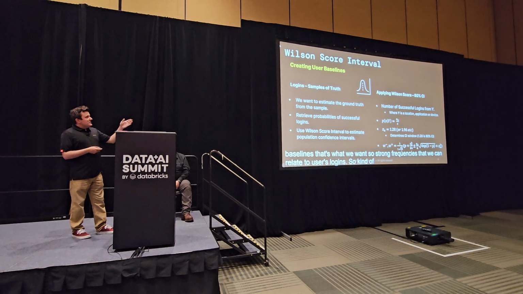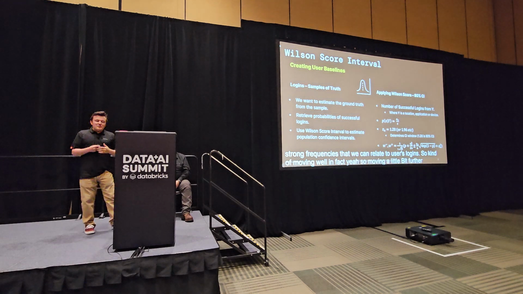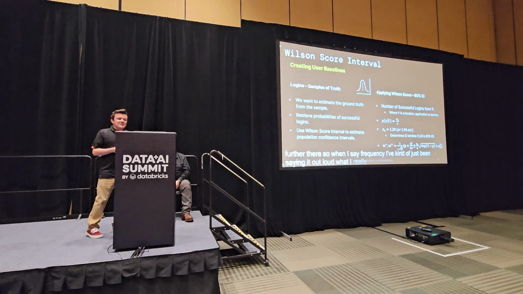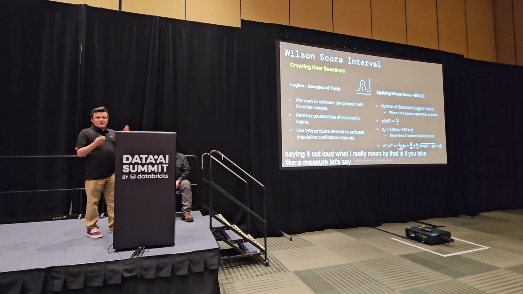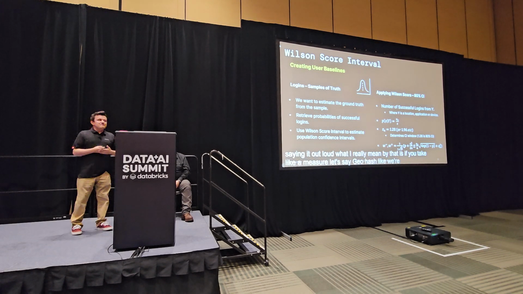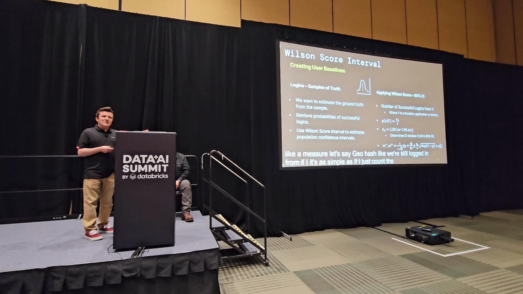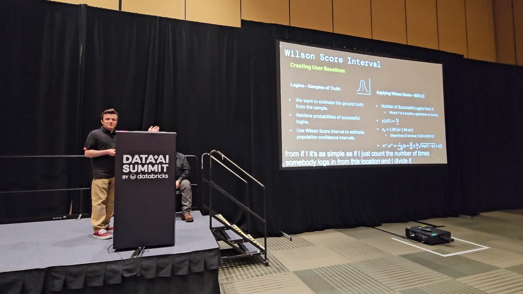So moving a little bit further. When I say frequency, I've just been saying it out loud. What I really mean by that is, if you take a measure, let's say geohash, where someone logged in from, it's as simple as: I count the number of times somebody logs in from this location, and I divide it by the total number of logins.